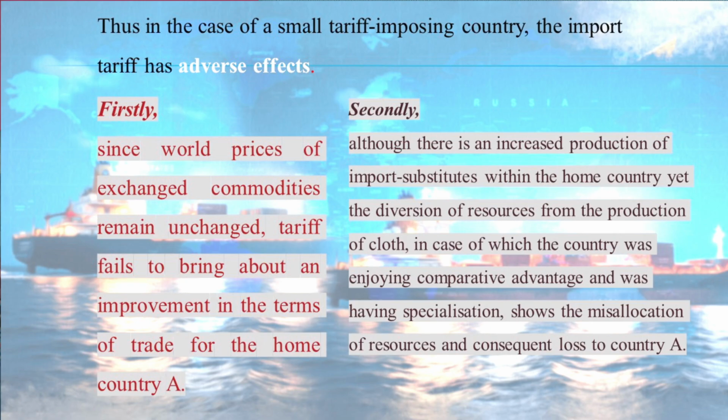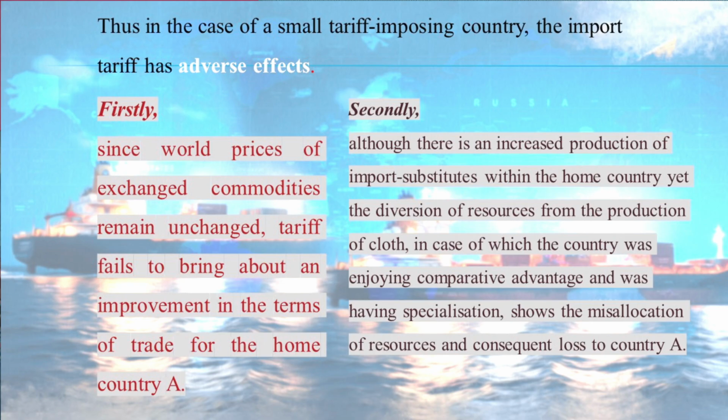Secondly, we observe that although there is an increased production of import substitutes within the home country, yet the diversion of resources from the production of clothes, in which the country was enjoying comparative advantage and specialization, shows the misallocation of resources and consequent loss to country A. So the second effect we observe is that there is an increased production of the import substitute, that is steel, the importing commodity in the home country.